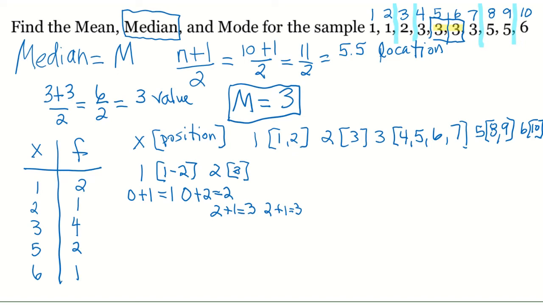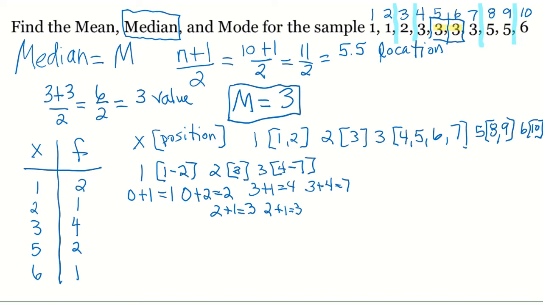So now I'm going to do the same thing for 3. I want to get the lower boundary, so I'm going to take this 3 that's in that box with the 2. I'm going to add 1. That's going to give me 4 as the lower boundary for the 3 value. And I'm also going to take that 3 and add that 4 because it has a frequency of 4 to get 7, and that's going to be the upper boundary.